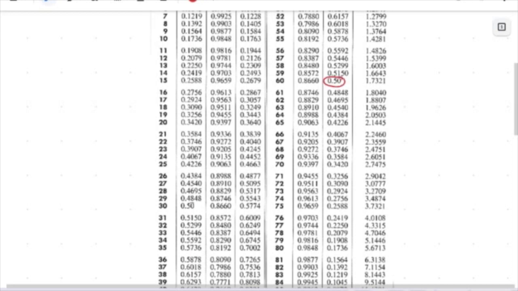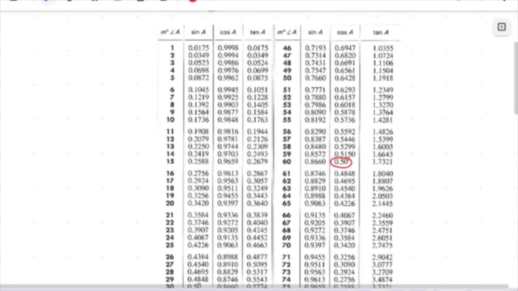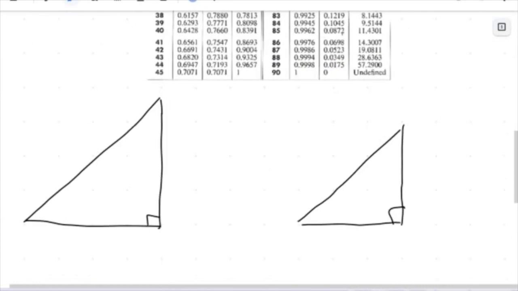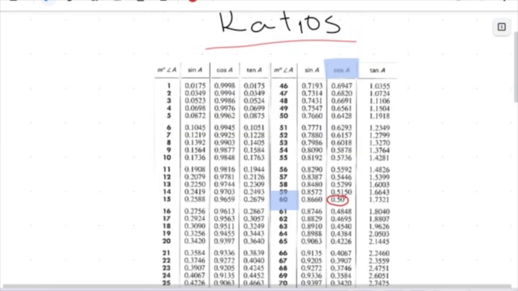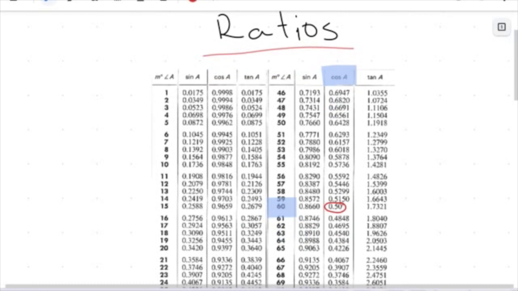I'm going to pick one particular ratio that gives me a rational number. So this is cos of 60 here. Something that we can see based on this table, and once again, if you didn't watch the previous video, I'm using a really old school trig table, what we used before calculators got popularized in schools.